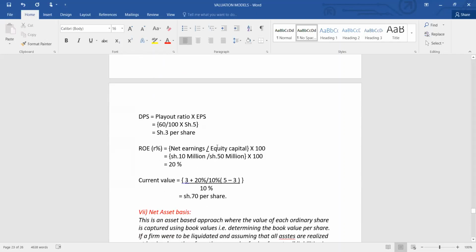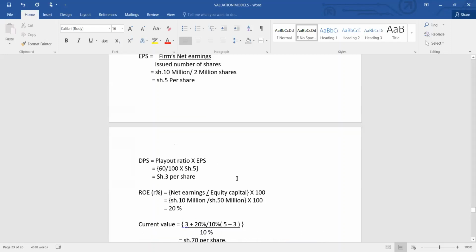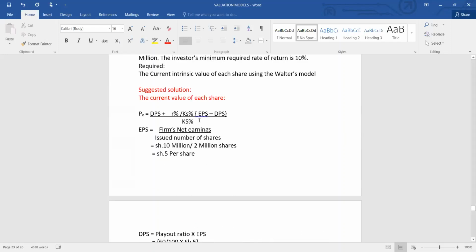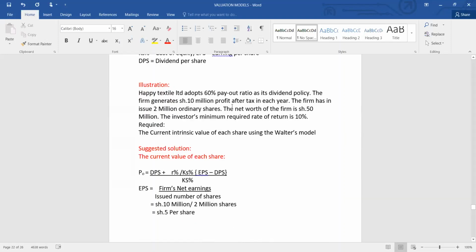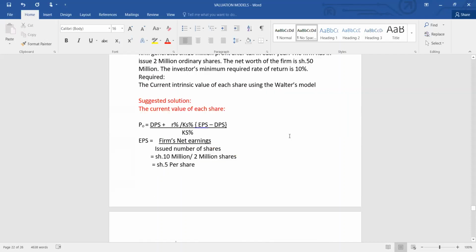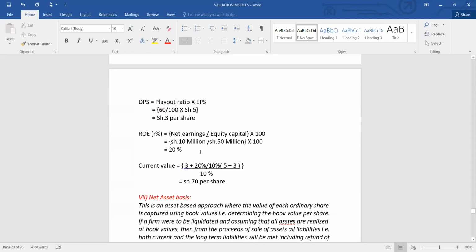Then we need to look for return on equity: net earnings over equity times 100. Net earnings, in this case, 10 million. Equity, 50 million, the net worth. So return on equity is 10 divided by 50 times 100. That is 20% return on equity. If we go back to our formula, dividend per share is 3, return on equity 20% divided by 10%, earning per share is 5 minus 3, divided by 10%.